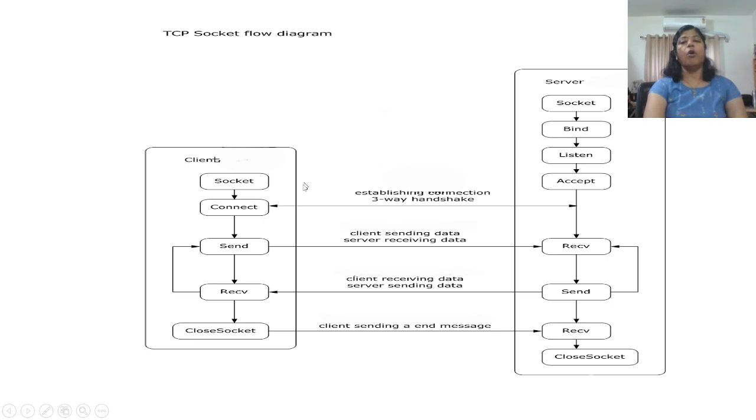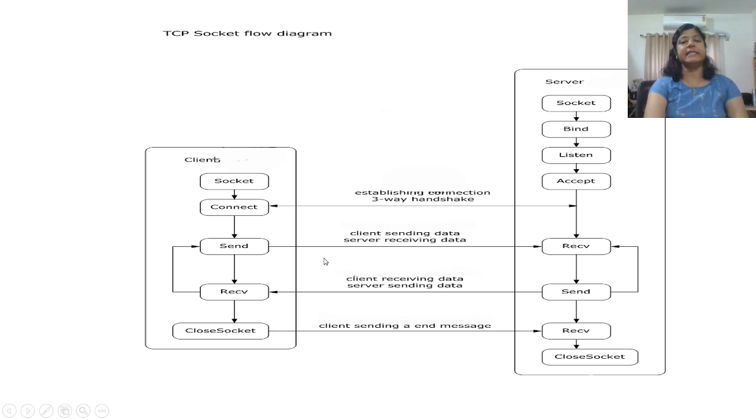Now, these are all represented in a diagram, considering the client side and the server side. On the client side, there is the socket, and they are connected using the connect function, which establishes the connection between the client and server by making use of a three-way handshake.